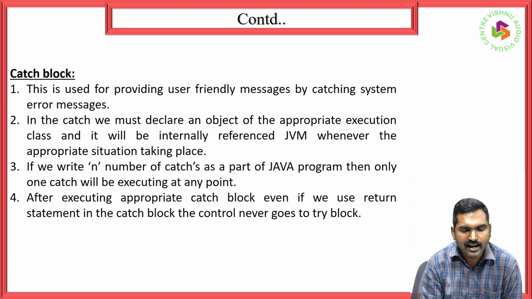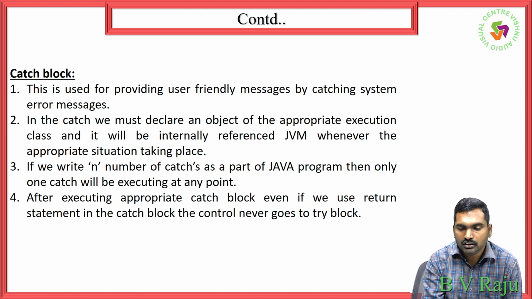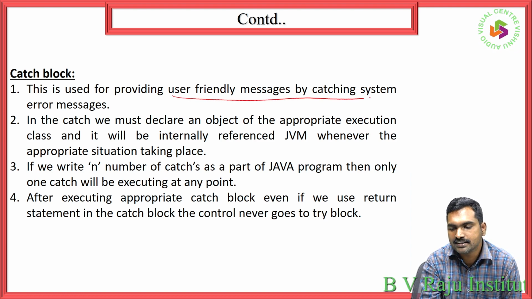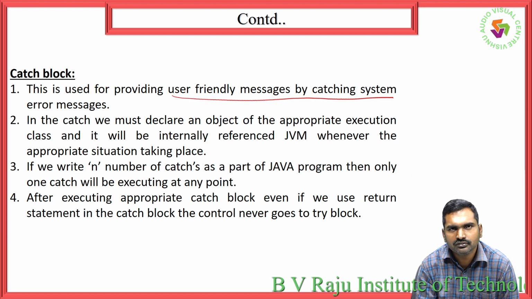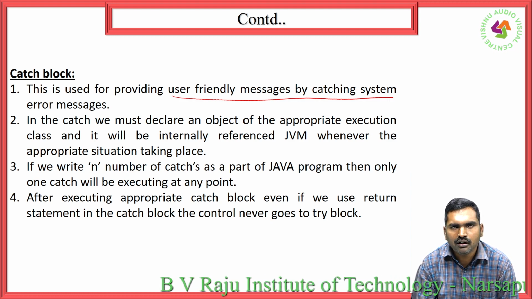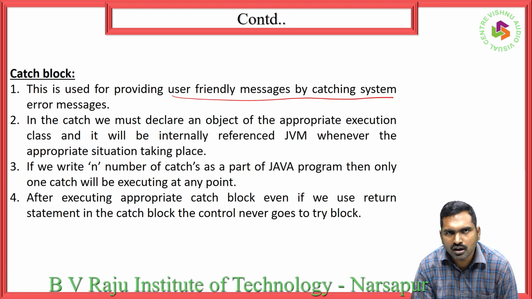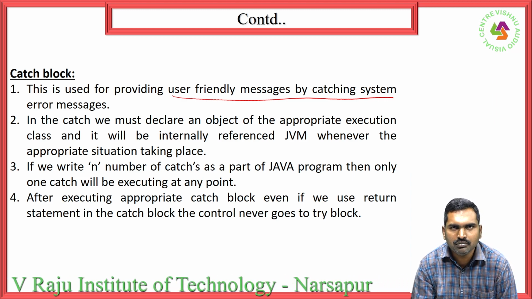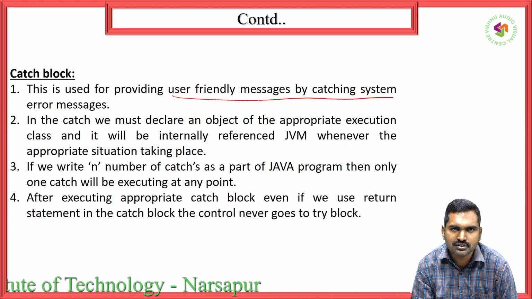Next one is the catch block. This is used for providing user-friendly messages. What is the definition of exception handling? It is a mechanism of converting system error messages which are generated during runtime into user-friendly messages.